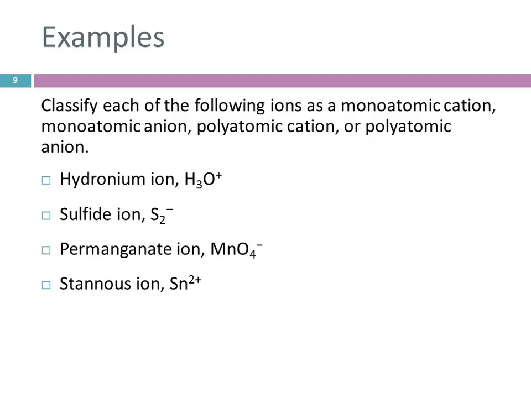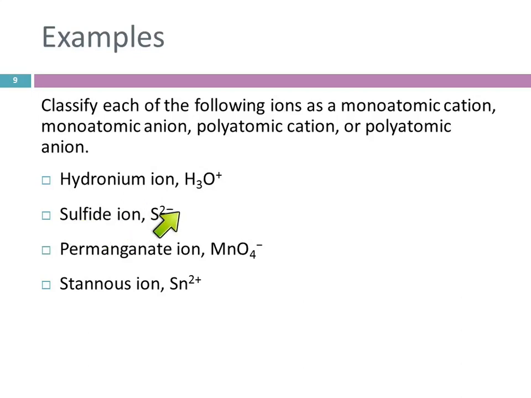Examples. Classify each of the following ions as a monatomic cation, a monatomic anion, a polyatomic cation, or a polyatomic anion. Hydronium ion H3O+. Polyatomic cation. It's got a positive charge, so it's a cation, and there's more than one atom in there, so polyatomic cation. How about sulfide ion? Sorry. My superscript fell down. I fixed it.